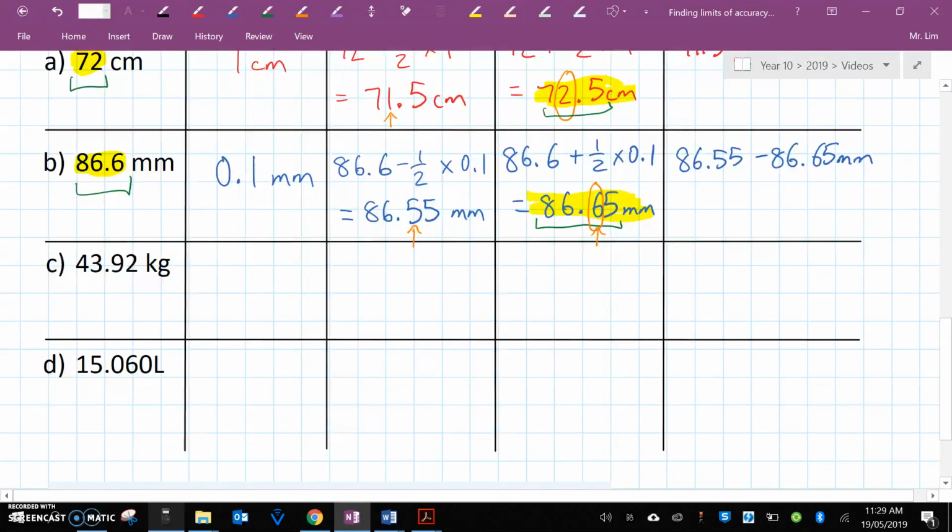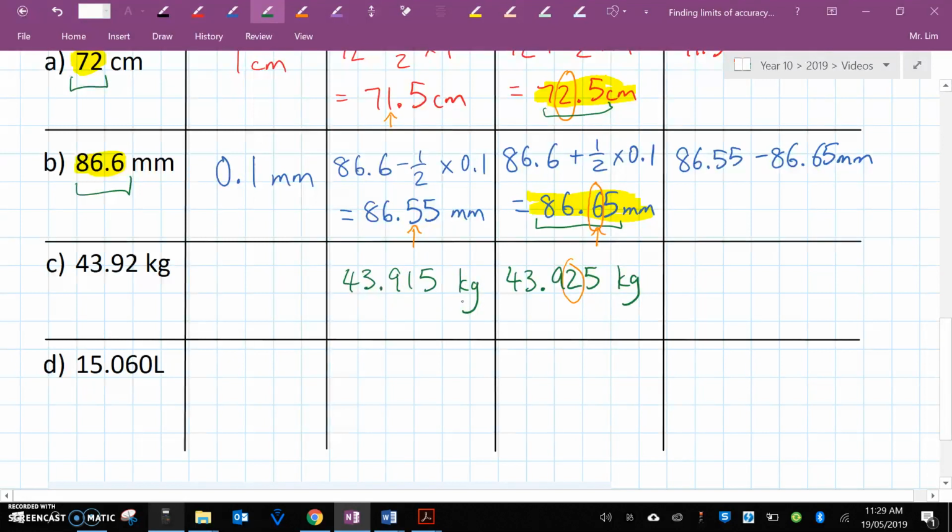So I have my measurement of 43.92 kilograms. My upper bound is going to be 43.92, but I'm going to add a 5. To find my lower bound, I'm going to take that second last digit and minus 1 from it. So my lower bound is going to be 43.915 kilograms.